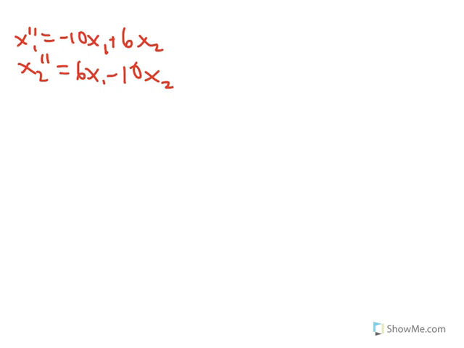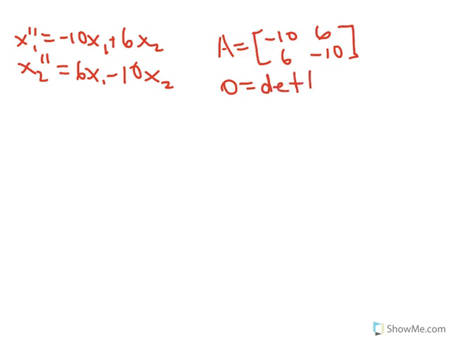Now, this is a pretty simple system to solve. We can write our A matrix, which will be negative 10, 6, 6, and negative 10. We can put it in the form 0 equals determinant of negative 10 minus lambda, 6, 6, negative 10 minus lambda.